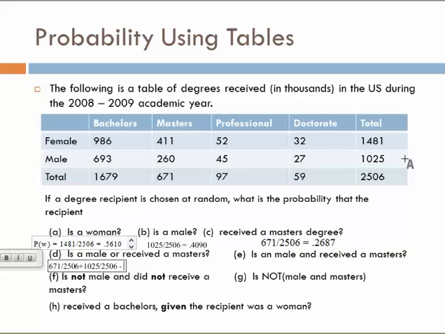So we need to find the probability that the person we select would be a male with a master's, and that is 260 out of the 2506. So we subtract 260 over 2506 to get our final probability, which is, well, I'm just going to give you the percent here, 0.5730.